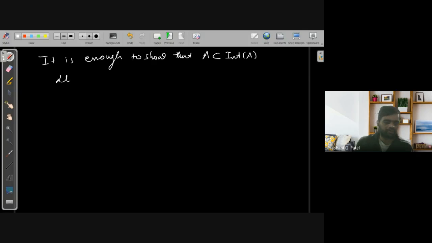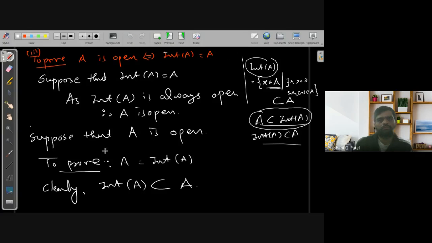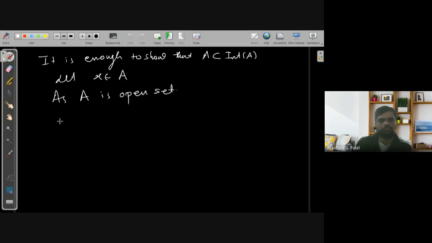So let X belong to A. But what is given? A is open. We have assumed A is an open set. So as A is open, there exists an R greater than 0, there exists one open sphere of this point X, SR of X, which is a subset of A.